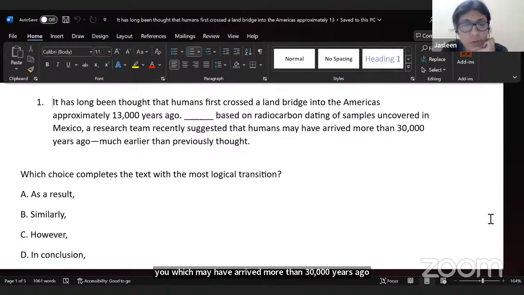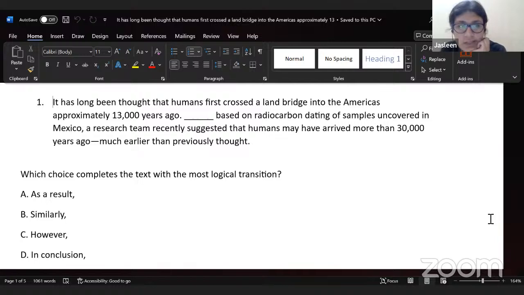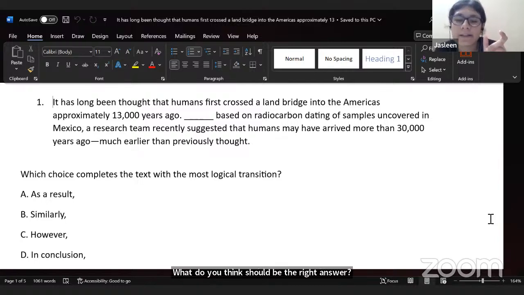Yes. So you remember transitions, right? You have to look for continuers and contradictors. Okay, so what is the context for this? What do you think should be the right answer? First, you have to identify the context. Where is it lying? And then once you have decided the context, you can eliminate the rest of the options.